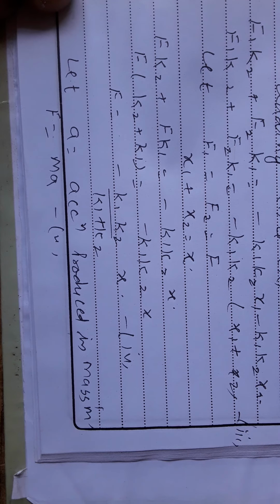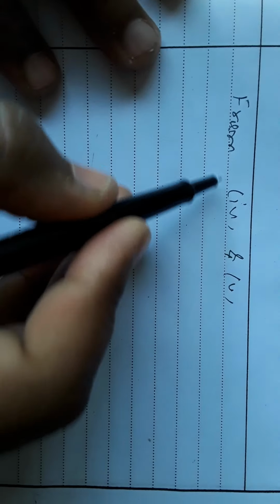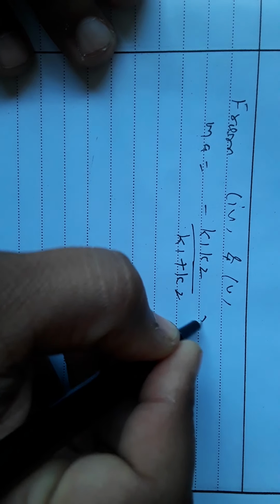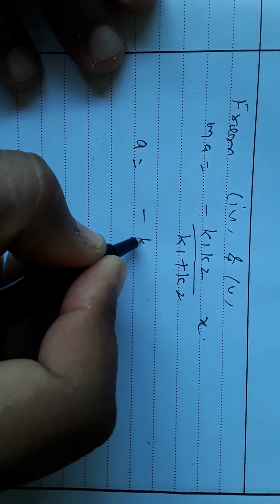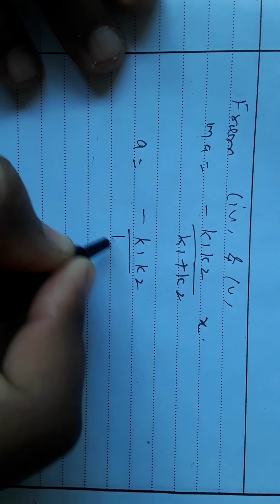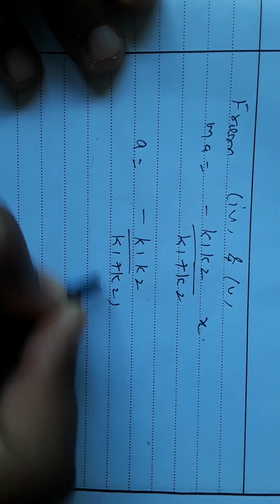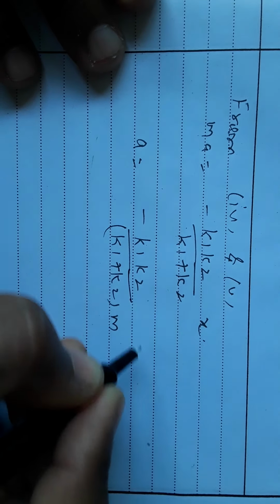From fourth and fifth we can write ma = -K1 K2 by (K1 + K2) into x. Now we can write a = -K1 K2 upon (K1 + K2) into m, into x.